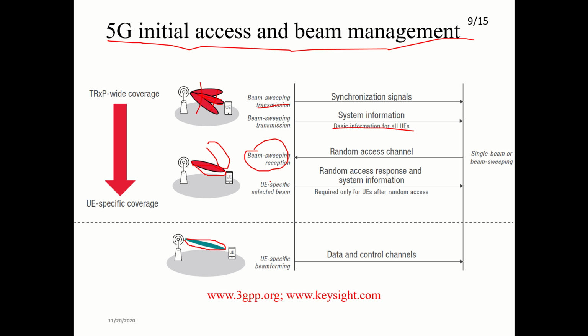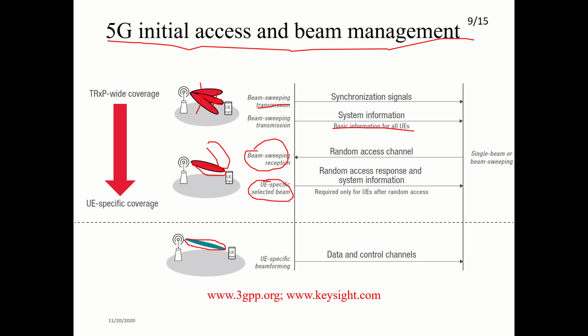Based on reception, the UE selects a specific beam, because it finds that beam gives a very good signal. The UE-selected beam is then indicated, and through it you will send all the data, after the random access response and system information. This beam will be locked.